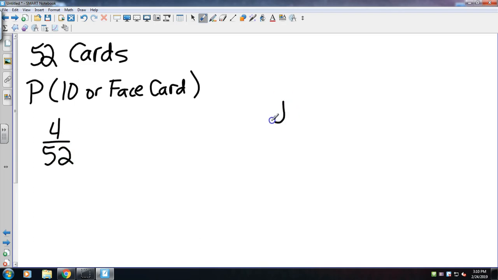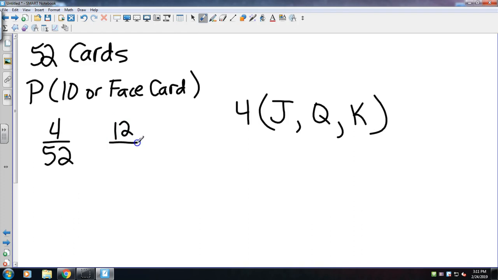Face cards are jacks, queens, and kings. Remembering that we have 4 different suits, so there are 4 jacks, 4 queens, and 4 kings. So that gives us a total of 12 out of 52.